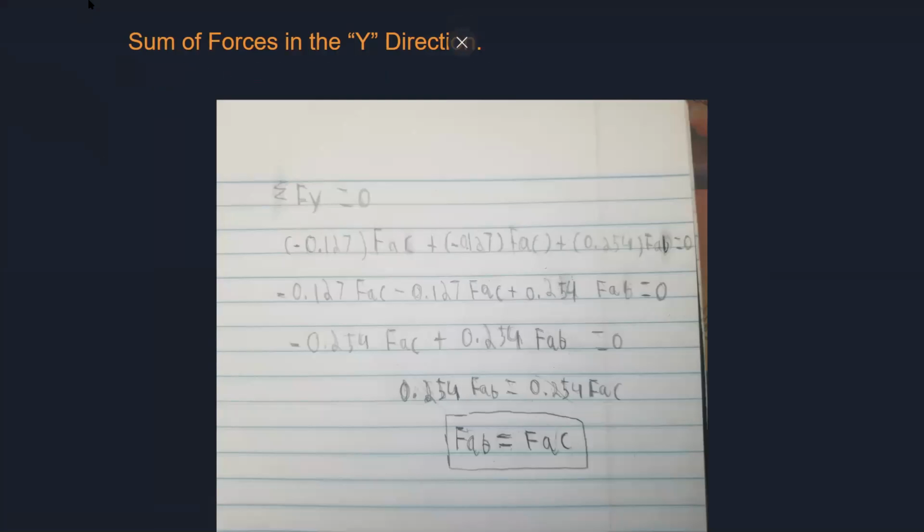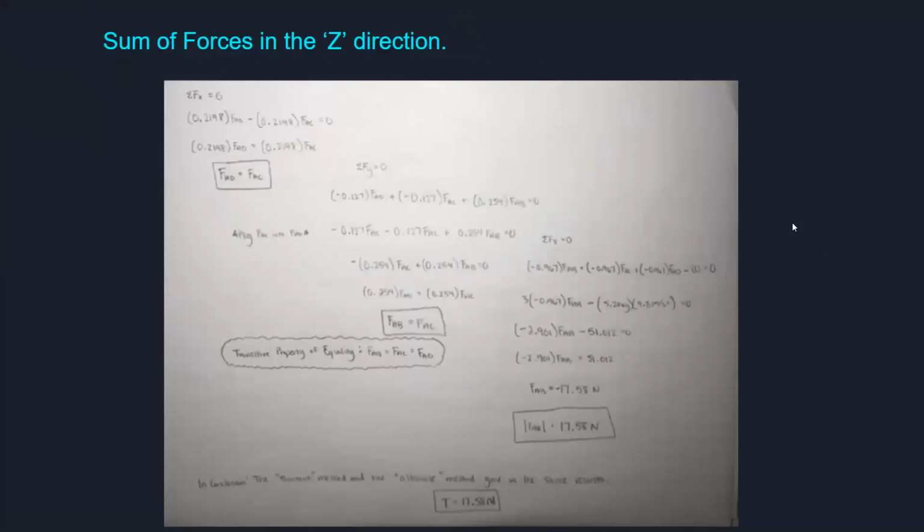For the sum of forces in the Y direction, we added up all the forces in the respective Y components, set them equal to 0, and we found that in the end, FAB equals FAC because 0.254 can be crossed out from both sides of the equation, which only leaves FAB equals FAC.